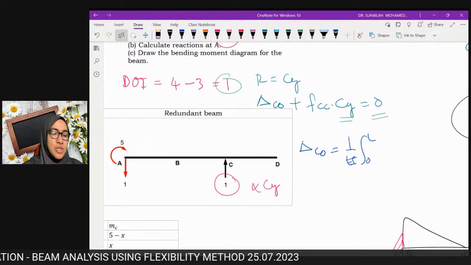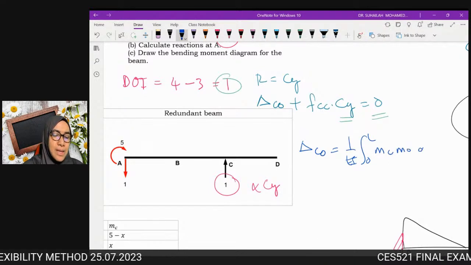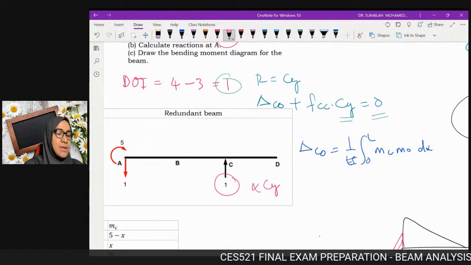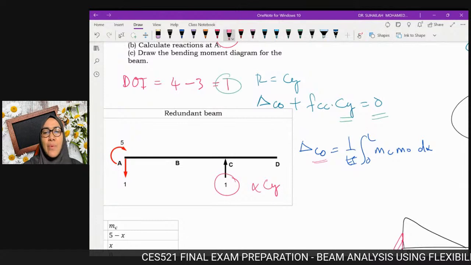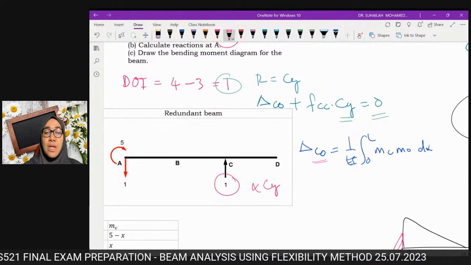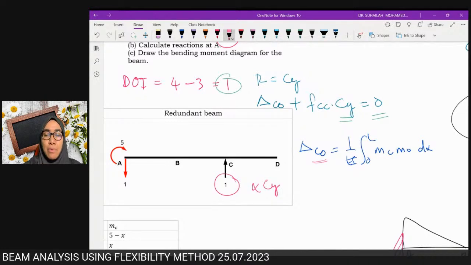The two moment equations we label as MC M naught dx. MC M naught dx refers to the notation that we use for the displacement symbol, delta C naught, and delta C naught means the integral of MC M naught dx.